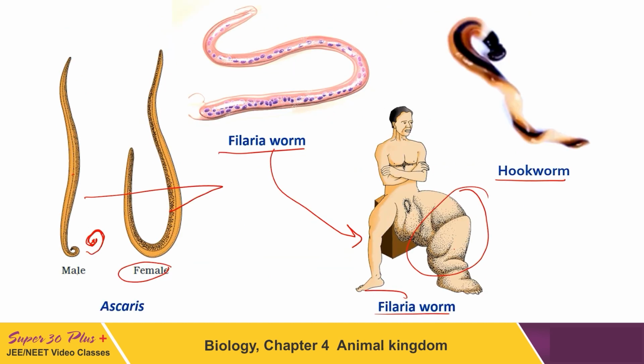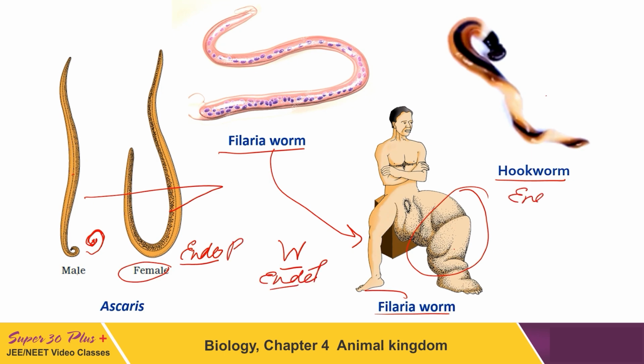Oh my God, again it has come. This you have to remember. This is elephantiasis, in lymph vessels, where the Wuchereria worm has entered inside. This is present in our intestine, and these are the male and female Ascaris. These are also endoparasites.